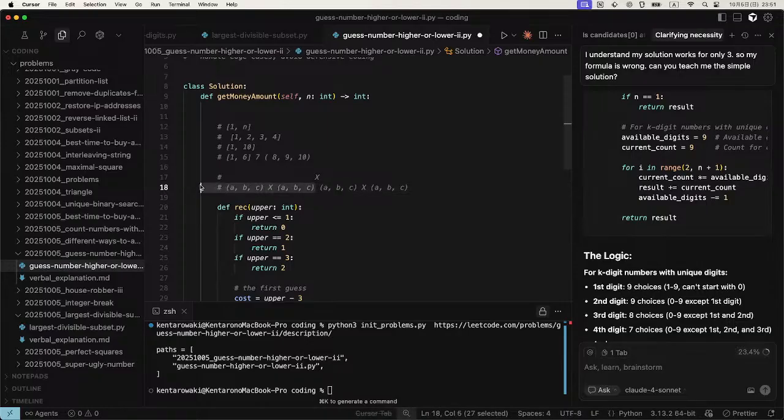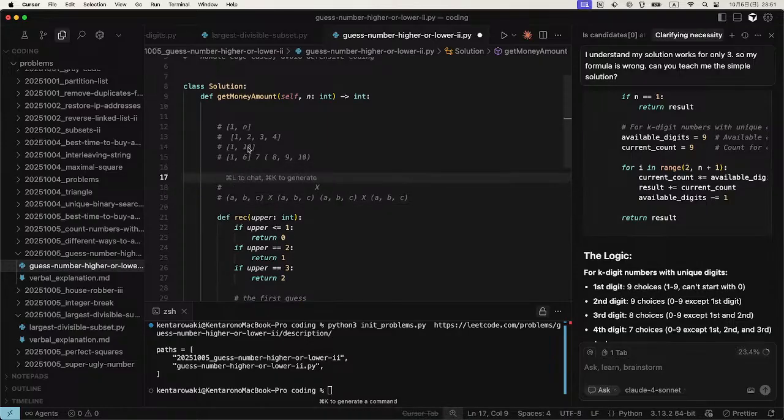If it's lower, so how about 1, 2, 3, 4, 5, 6, 7, 8, 9, 10. That's why we choose 7 at first.